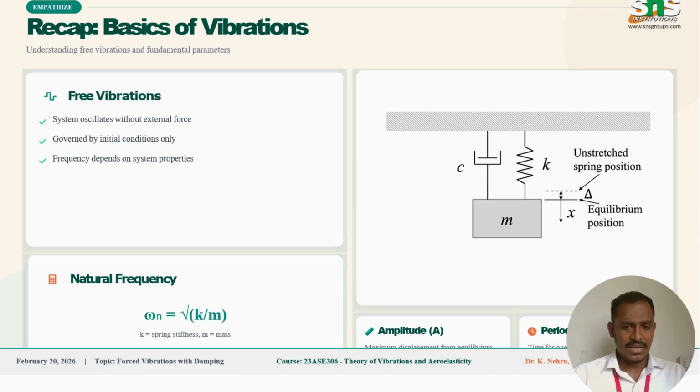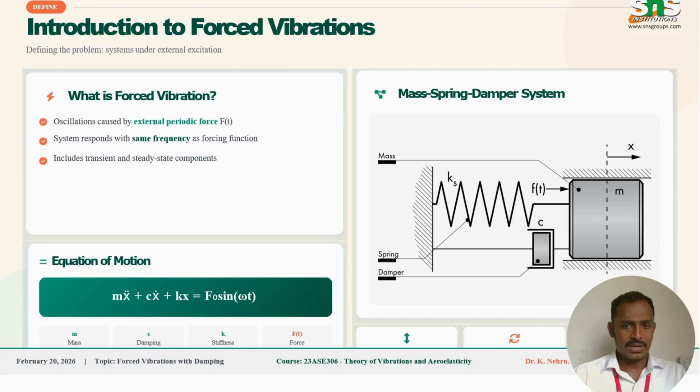In engineering systems, especially in aircraft, external forces are always present, and that leads to forced vibration. So, what is forced vibration? It is the vibration of a system under an external periodic force. Unlike free vibration, here the system responds at the frequency of the applied force.